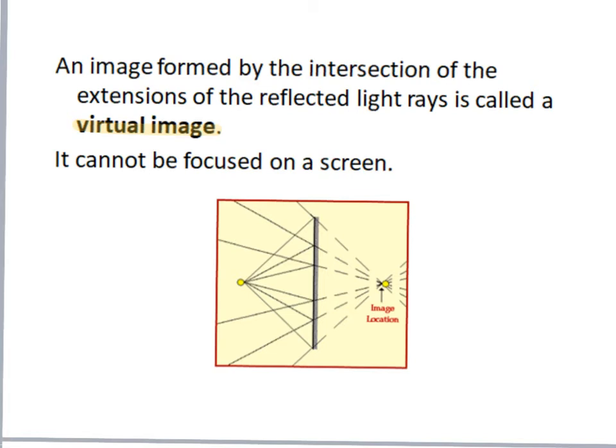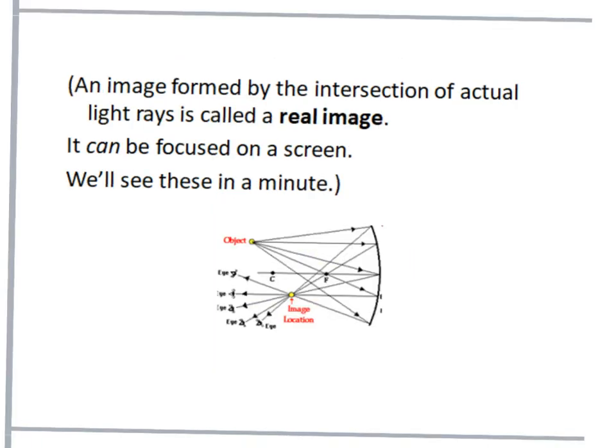By definition, a virtual image cannot be focused on a screen. And what that means is a literal screen, like a projector or a piece of paper. You cannot do it. If instead the image is formed by the intersection of actual light rays, it's called a real image. So far we have a virtual image and a real image. A real image can be focused on a screen.